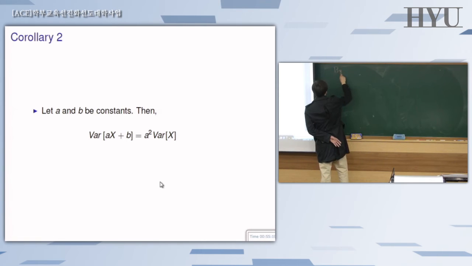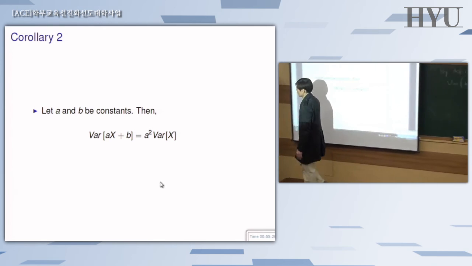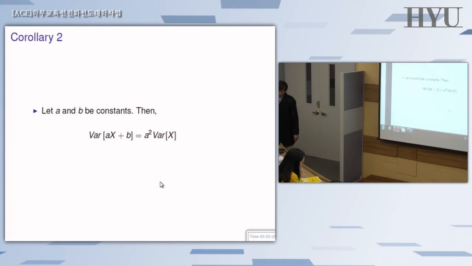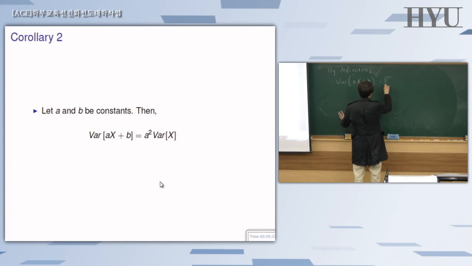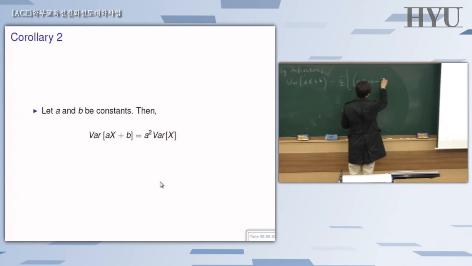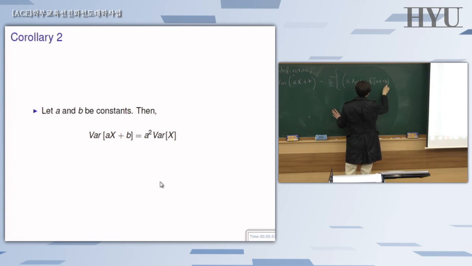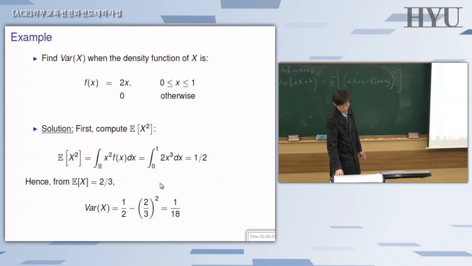So by definition, if you take the variance of the whole thing, this is defined to be that, which we introduced right there.